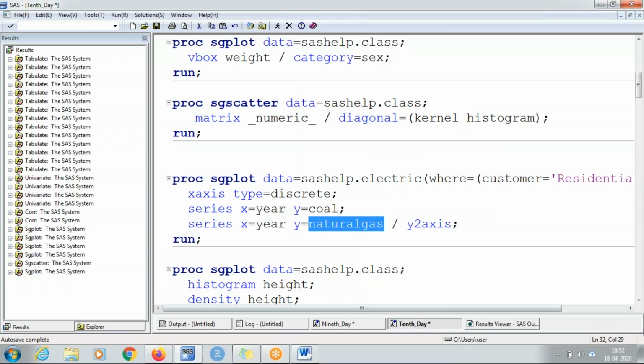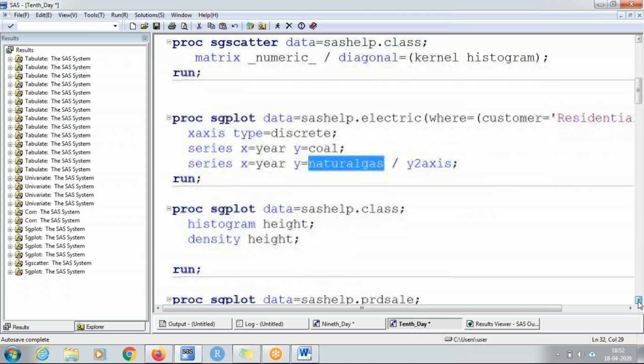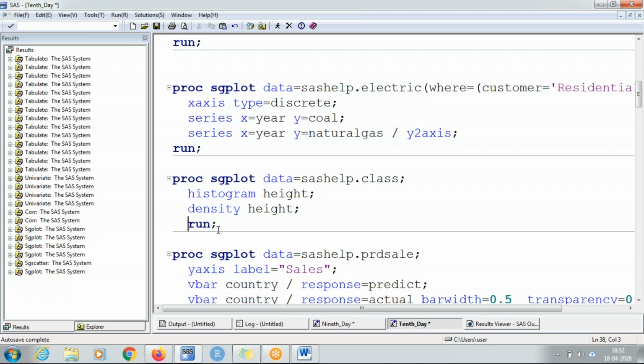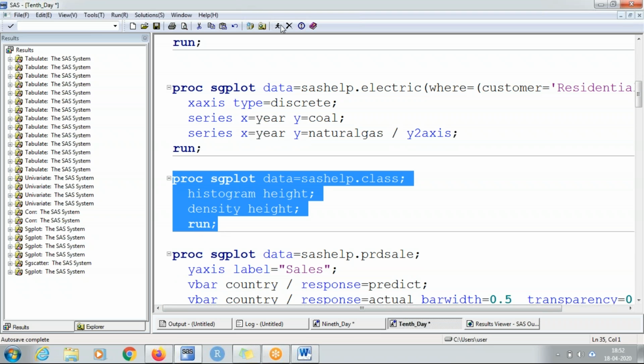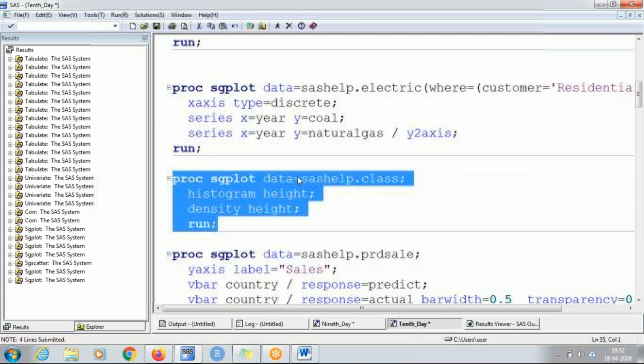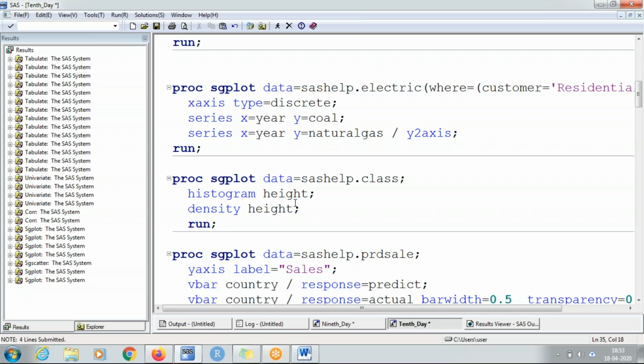So this is all your SGPLOT, a histogram, easy one. Right? So proc sgplot, histogram is equal to height, density is of height.